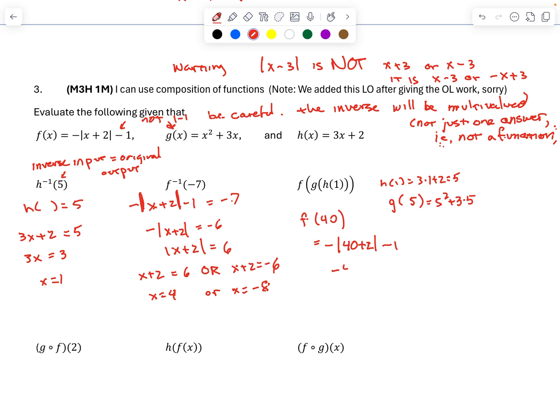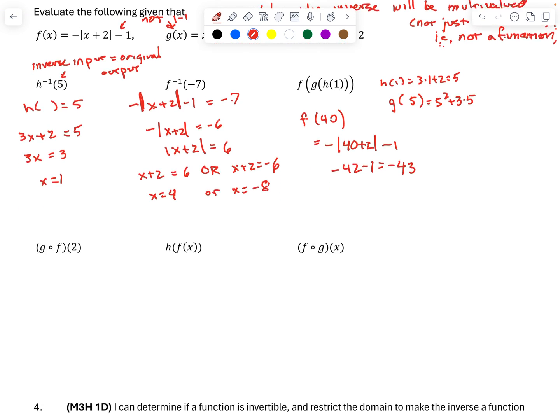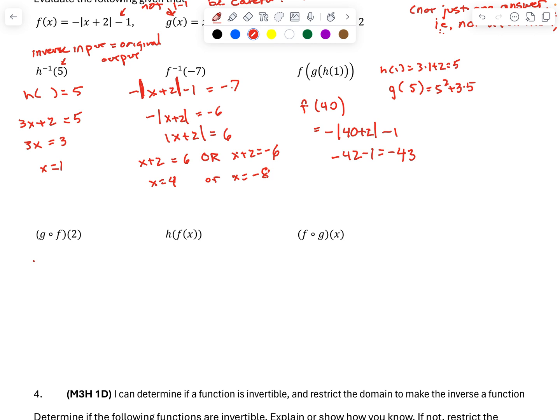Okay, so g of f. It's easier to tell what you do first. We need f of 2. So negative 3 minus 1 is negative 4.